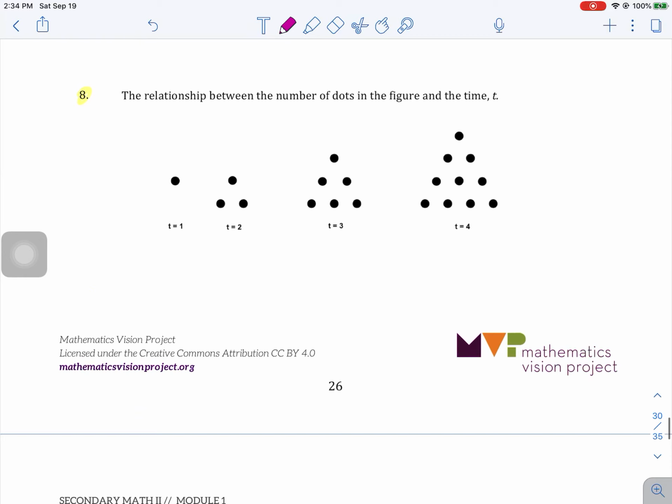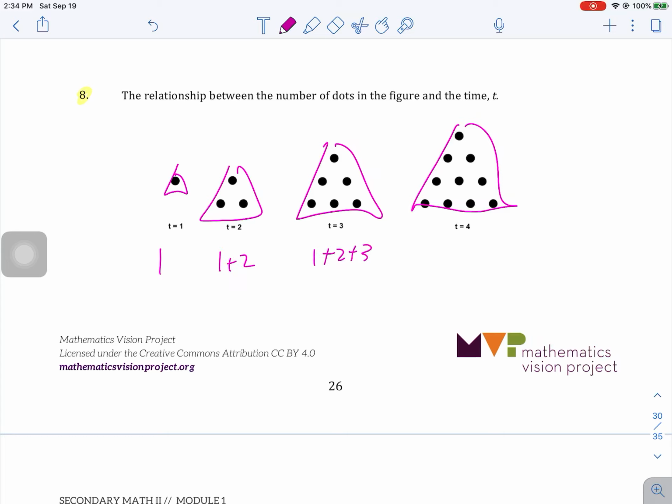And there's another one I liked. The good old triangular numbers here. You can see why they're called triangular numbers. It's also the sum of sequences: 1, 1 plus 2, 1 plus 2 plus 3, 1 plus 2 plus 3 plus 4.